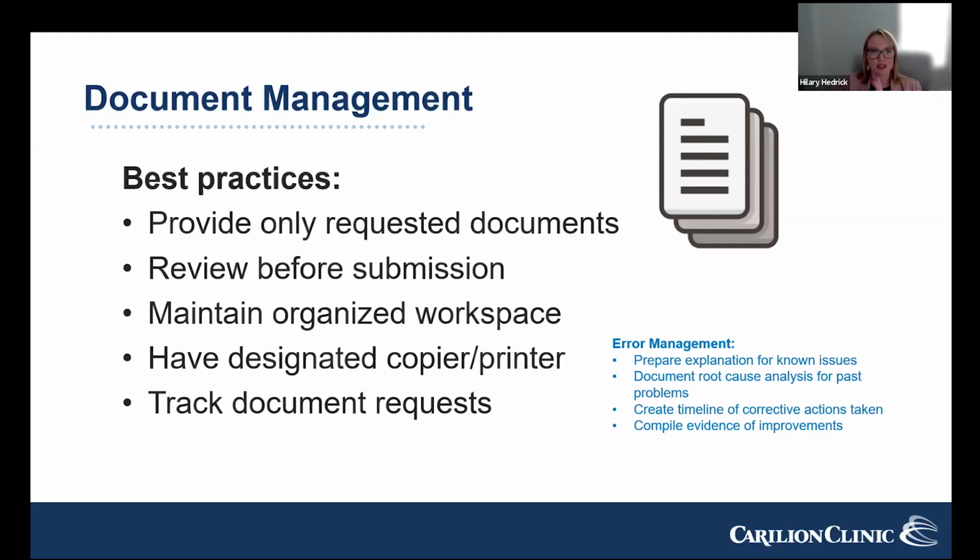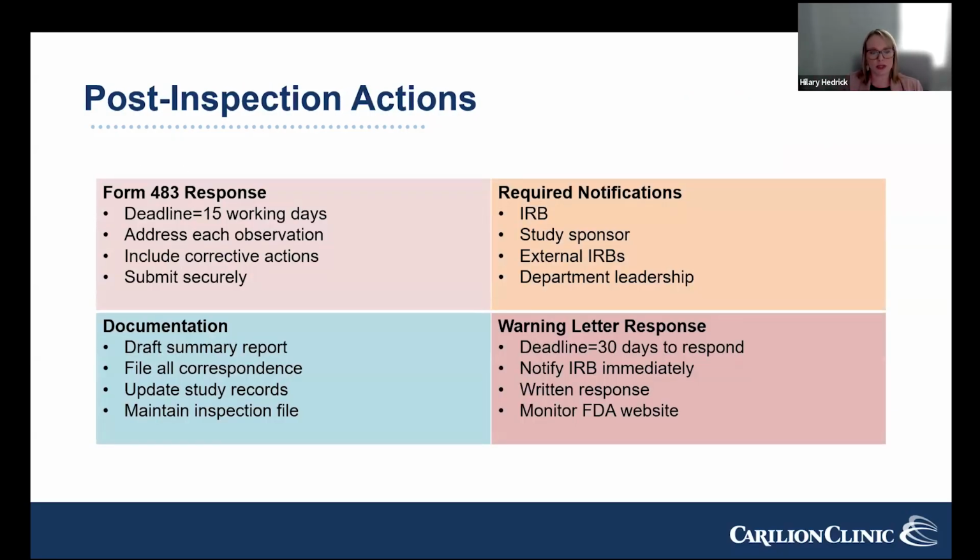Next slide. So post-inspection actions, these are things that need to happen together. That's why I put it on this colorful chart. One thing I do want to specify is Form 483. That is an outline of the observations. It is an opportunity for you to make corrections and plan future actions you are going to take, where they have outlined observations for you and may provide certain things that need to be corrected.